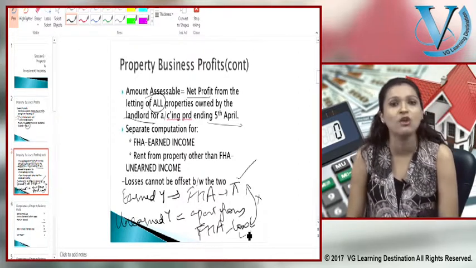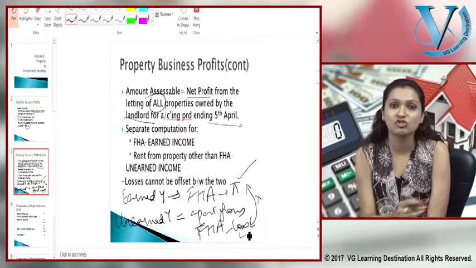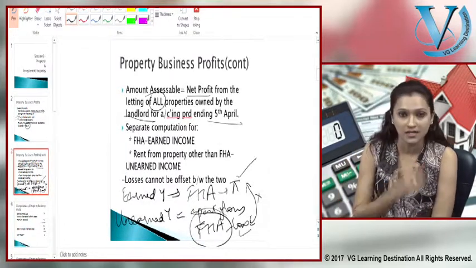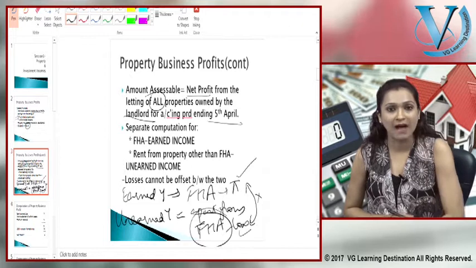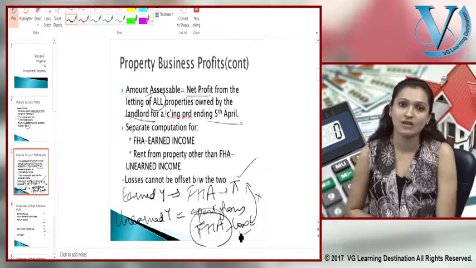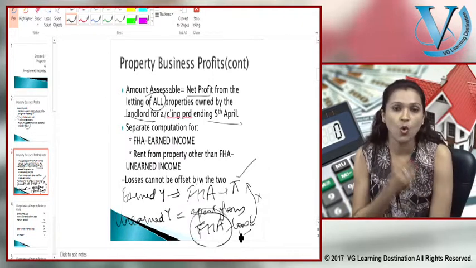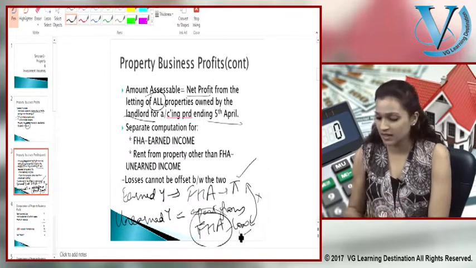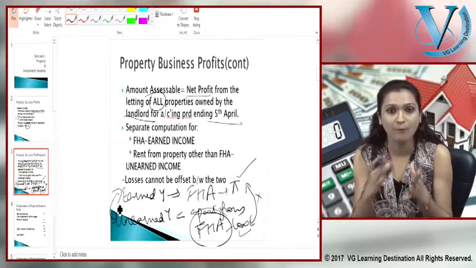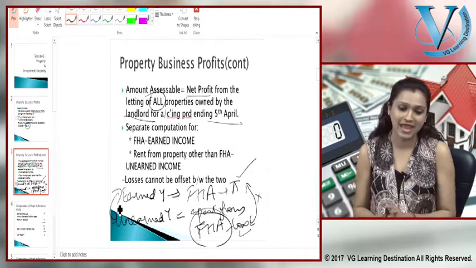This loss can only be offset against future profits of the same category. So when your unearned income has a future profit, that is where you can set off this loss. Till then, no offsetting is allowed.